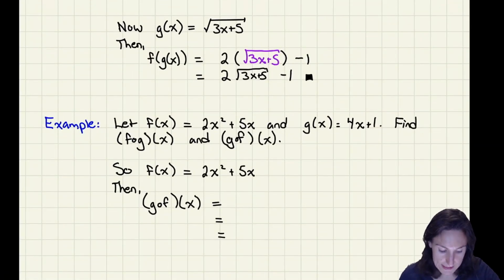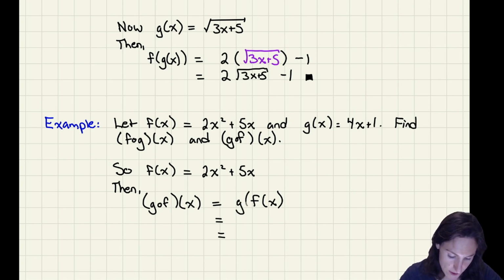All right, let's do another one just to make sure we understand. Okay, so we're going to take f of g and g of f. So first, let's start off with g of f of x. Now, what does this mean? Well, first I want to take whatever f of x is, and then I'm going to apply g to it. So my g is 4x plus 1, but instead of putting in an x, I want to input my f of x.